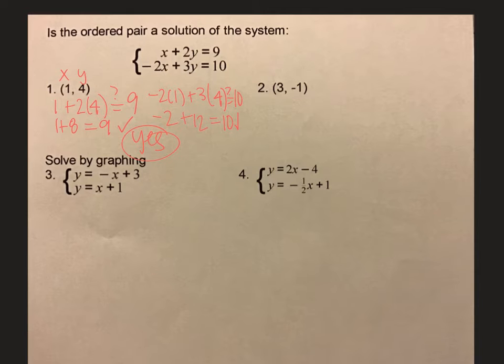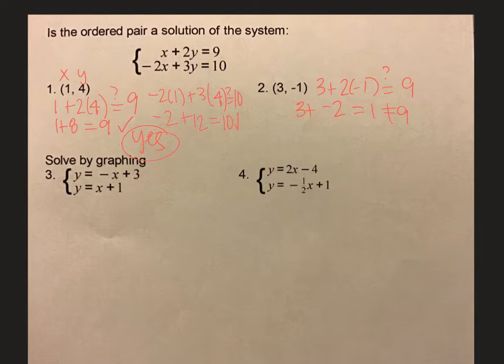Okay, so we're just plugging in 3, negative 1 for x and y. So 3 plus 2 times negative 1, does that equal 9? Well, 2 times negative 1 is negative 2. 3 plus negative 2 is 1, which does not equal 9.